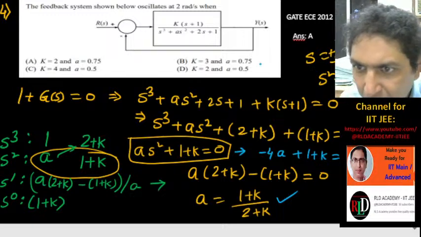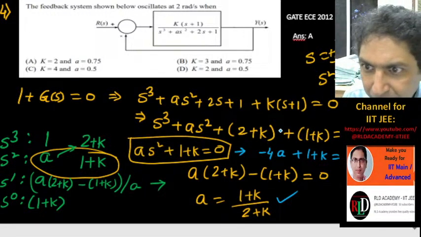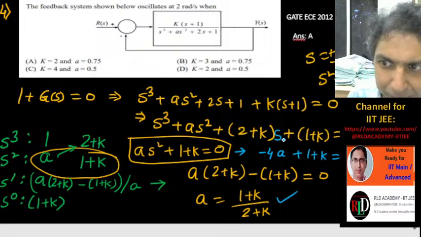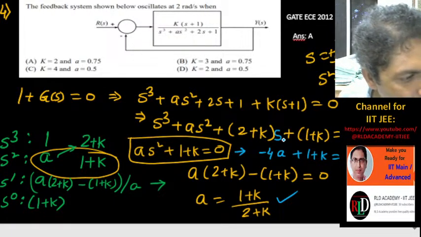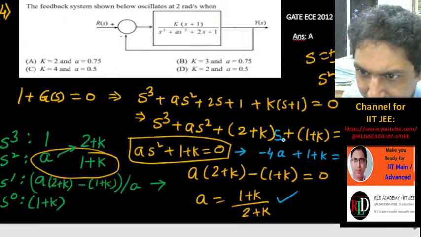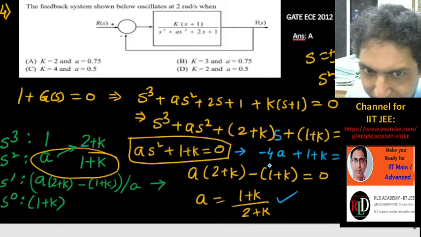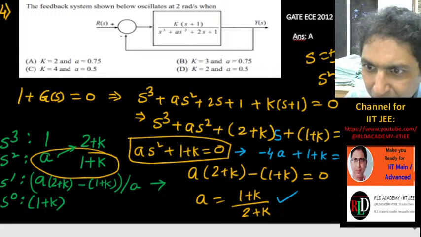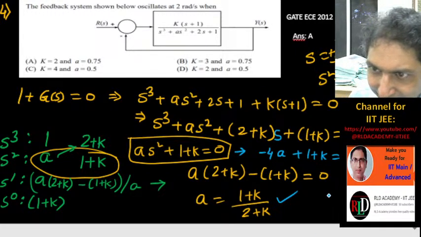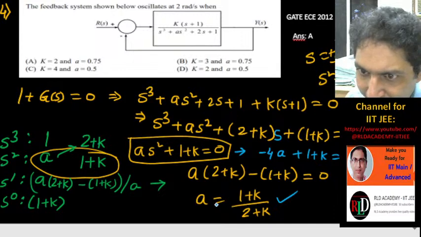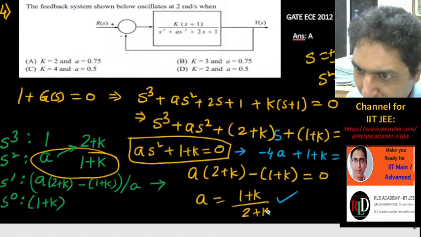Anybody can solve it. It is very easy. Just, I can replace a by the a there. So 1 plus k, I can replace a into 2 plus k.